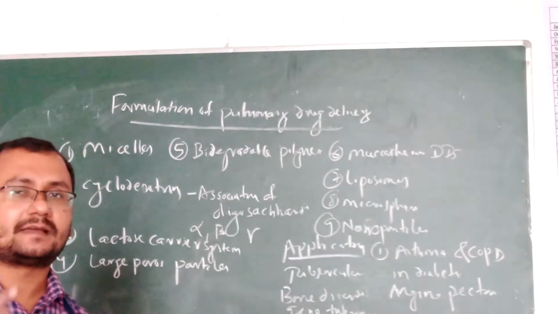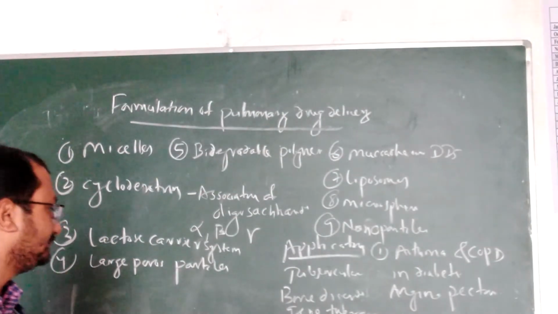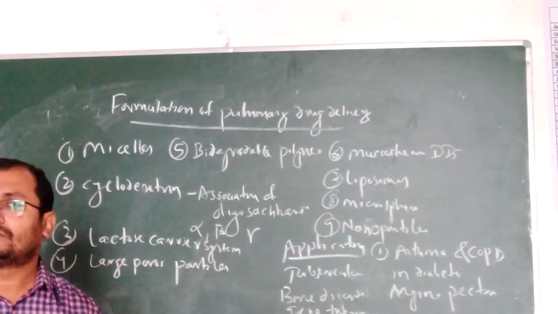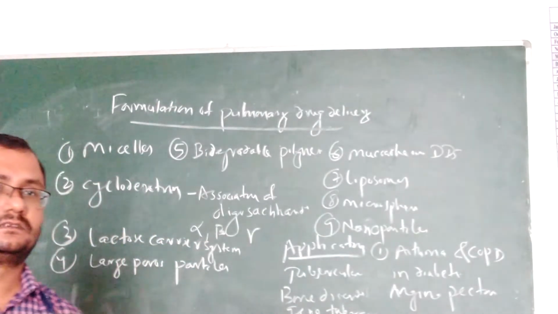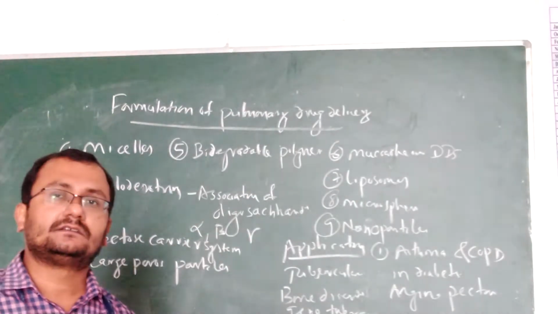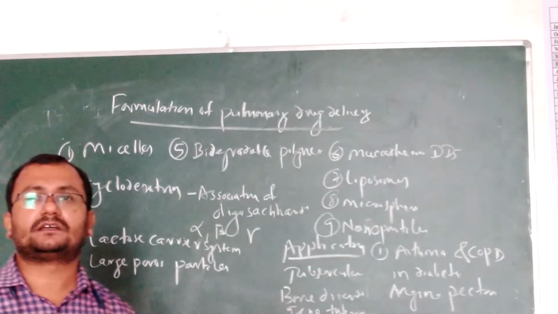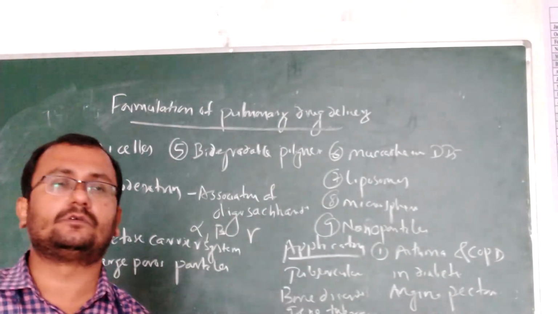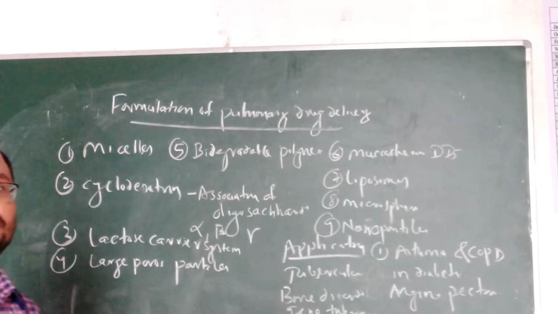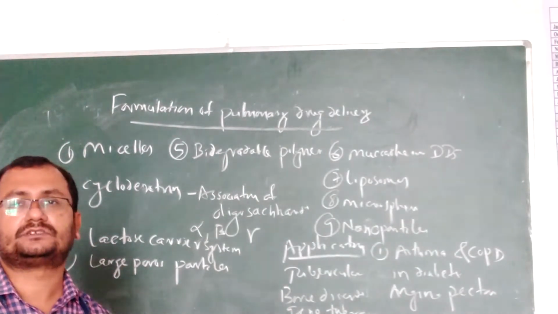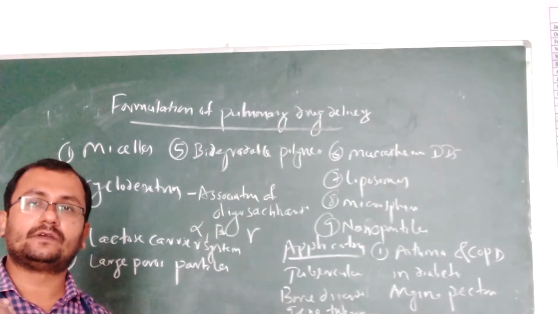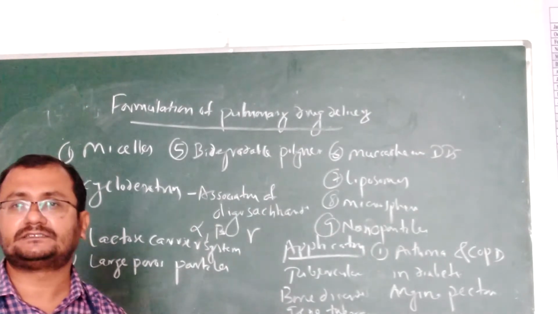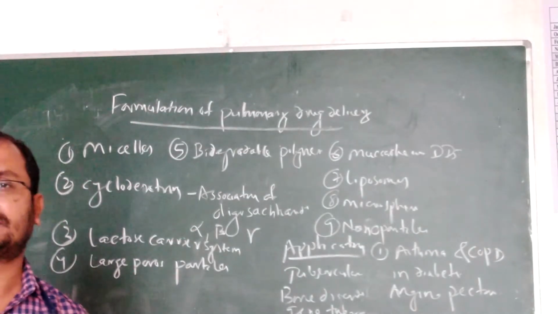So generally, what are micelles and how are they formed? You already know that. When we add surfactants to a solution, they stay on the surface of the liquid, and when more surfactant is added, it goes to the bulk of the solution and starts forming micelles.